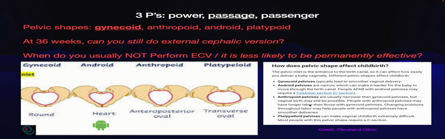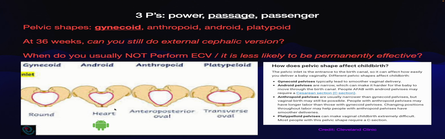So as far as ideal pelvic shapes, the gynecoid usually leads to smoother vaginal deliveries and fewer complications. So pelvic inlet, entrance to the birth canal, nice round entrance to the birth canal, and is conducive to a successful spontaneous vaginal delivery.